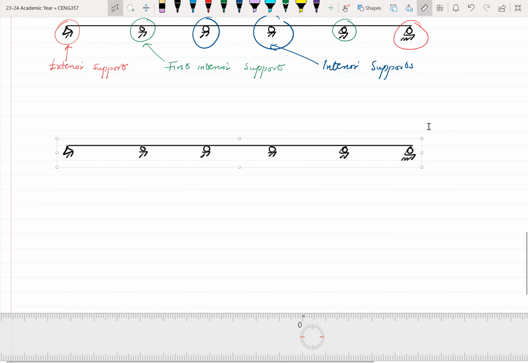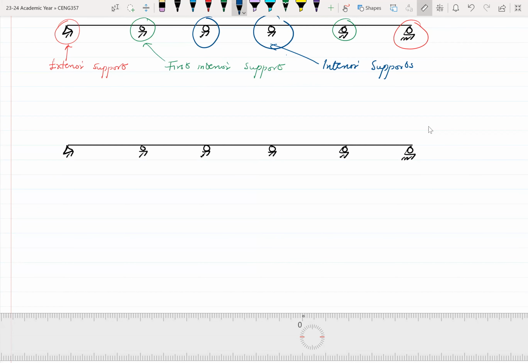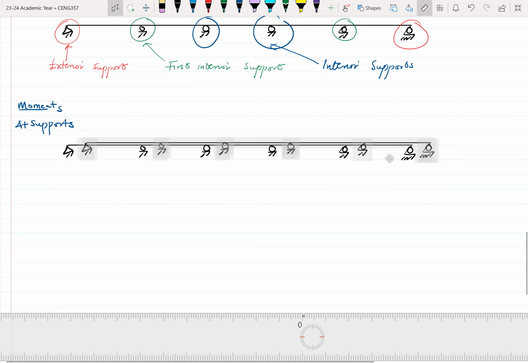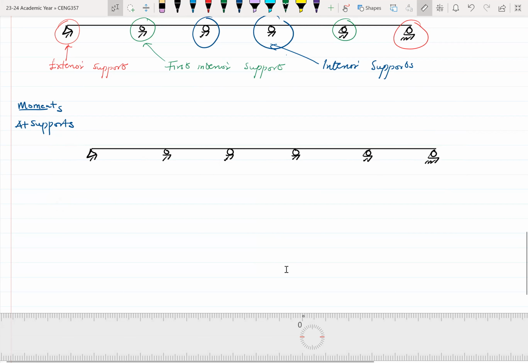So let's look at moments, for example. Here we have a beam simply supported on all ends. So for moments, let's do it at supports.